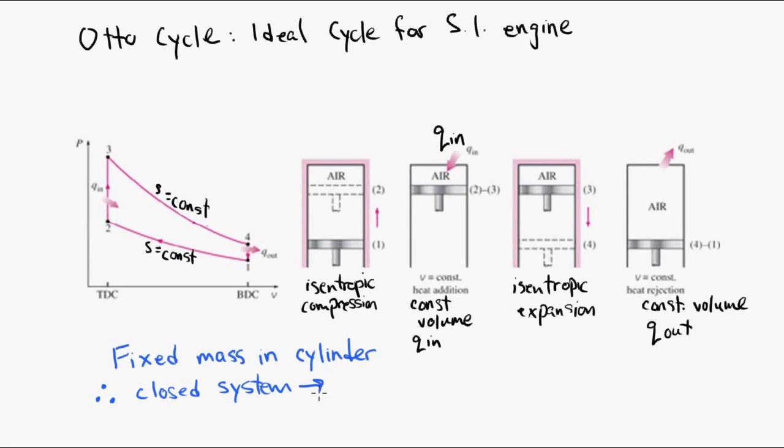Therefore, when we do our energy balance, or apply the first law of thermodynamics, we get that the total heat input minus the total work output is equal to the change in internal energy. We can apply this balance to the whole cycle, or we can apply this balance to one of the four processes in the ideal Otto cycle.